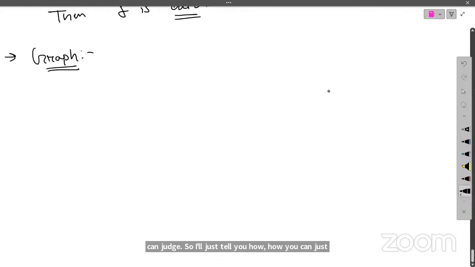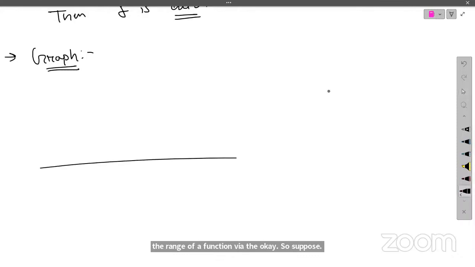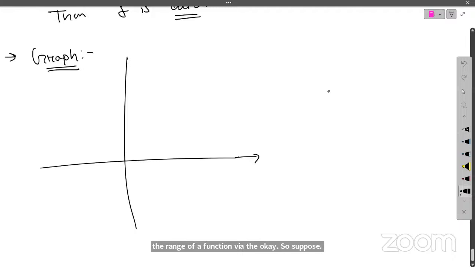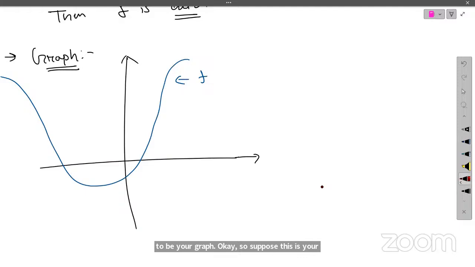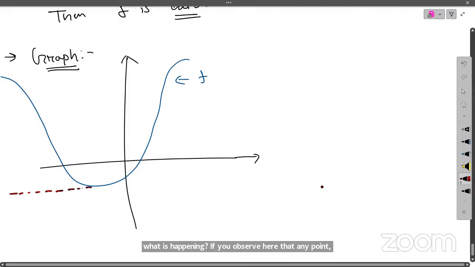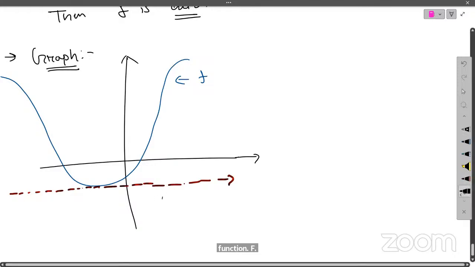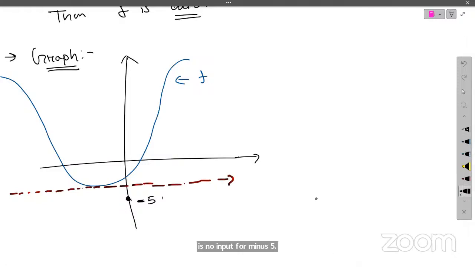Okay, so suppose a graph is given to you. I'll take this to be your graph. Suppose this is your function f and this is the graph of the function. Then if you observe here, any point below this line is not mapped by our function f. So if you assume any point lying below this line, suppose this is -5, then there is no input for -5, because this is not a point the graph can touch.